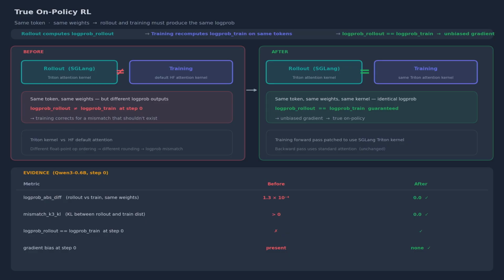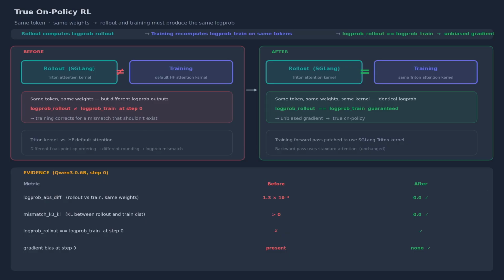But in the current setup, it's not the case, because our rollout and trainer phase are using different kernel implementations, which means it will introduce numerical mismatch.